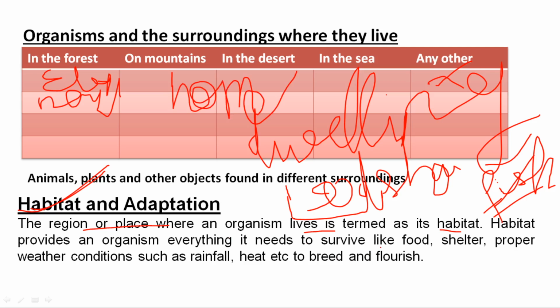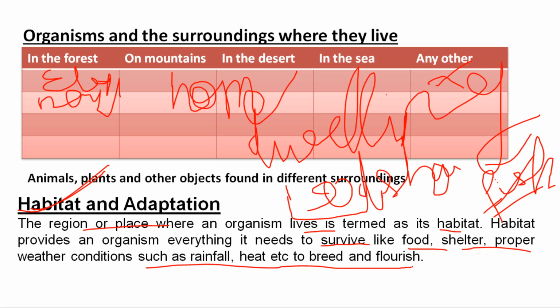Habitat provides an organism everything it needs to survive. Whatever we need to survive, it is there. So what can it get from the habitat? Food, shelter, proper weather conditions such as rainfall, heat, etc.